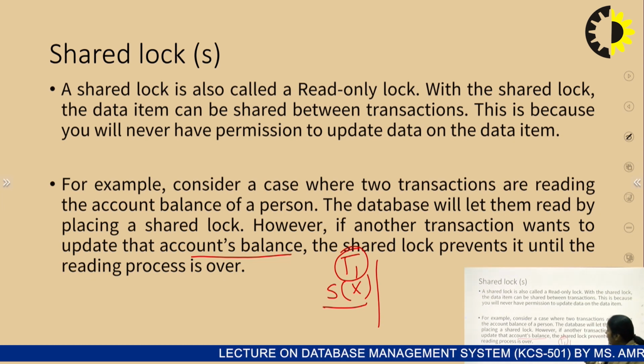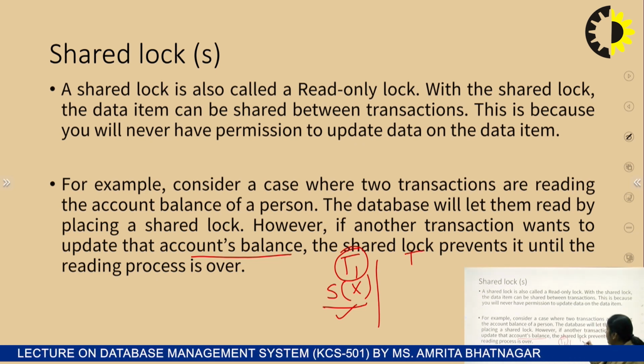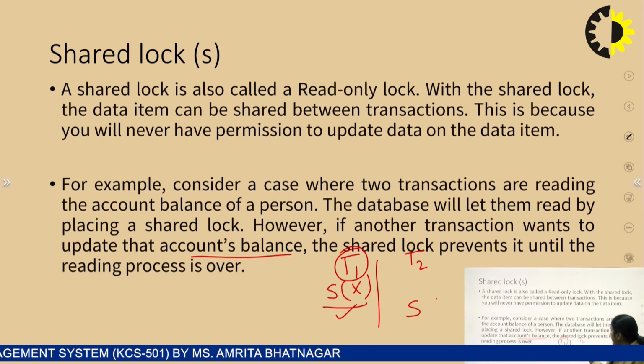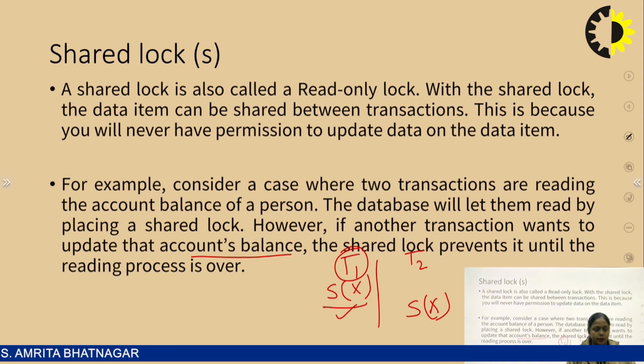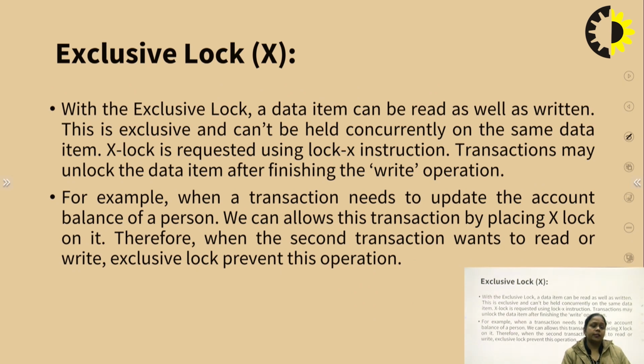But if we want to write, then it will not be permitted here. And next, when transaction T2 wants to lock in the shared mode, then it will be permissible because a shared lock can be given to more than one transaction simultaneously. Right?